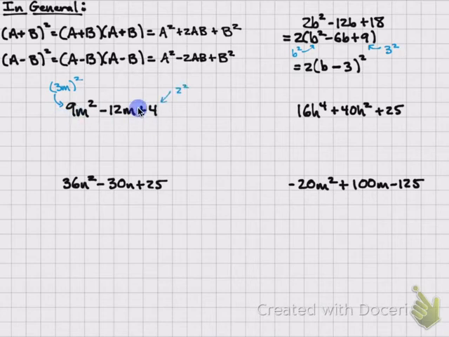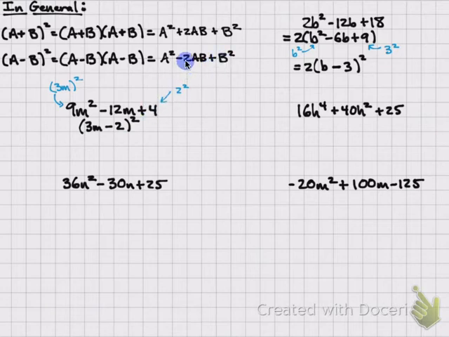So if this trinomial is a perfect square trinomial, we're thinking it's going to be 3m plus 2 or 3m minus 2 quantity squared, and this negative 12m tells us that if it's anything, it's going to be 3m minus 2 quantity squared. And when we multiply this out, this is kind of like this form. We would get a 3m quantity squared, that's 9m squared, negative 2 squared, that's going to be 4.